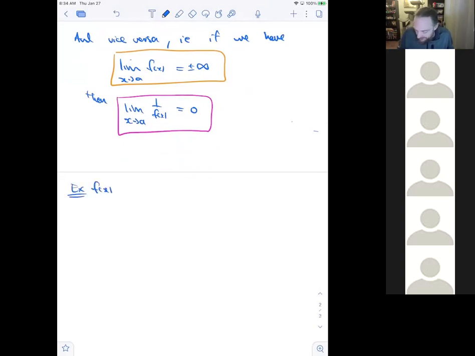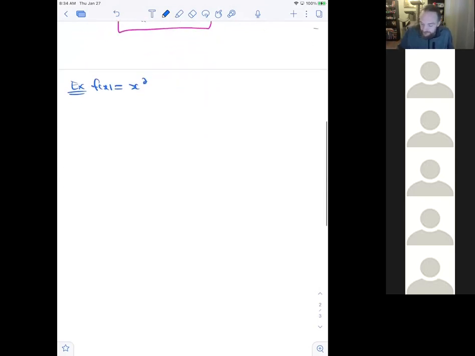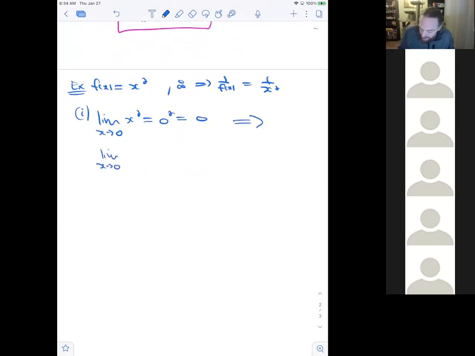if f of x is x squared, then 1 over f of x is 1 over x squared. If I have that the limit as x approaches 0 of x squared is 0 squared, which is 0, that implies that the limit as x approaches 0 of 1 over x squared is positive infinity from the left and the right.